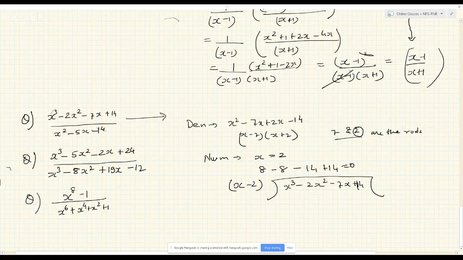So this is 14, guys. Hence it will be x squared. So you'll get x cubed minus 2x squared. If you multiply x squared, you will get x cubed and minus 2x squared, so both get cancelled.